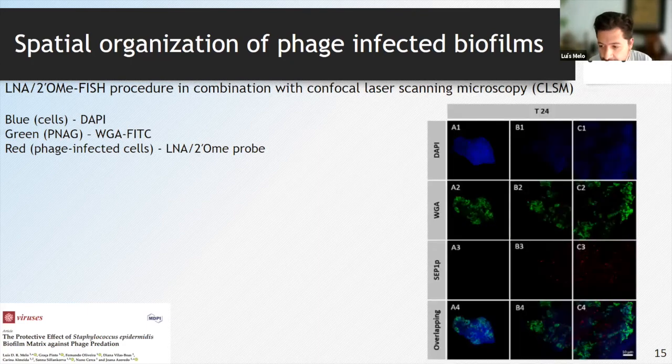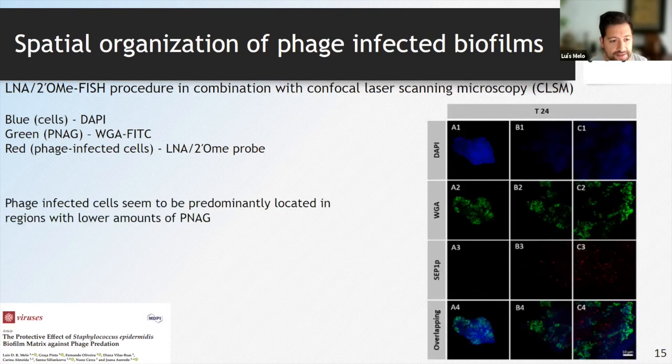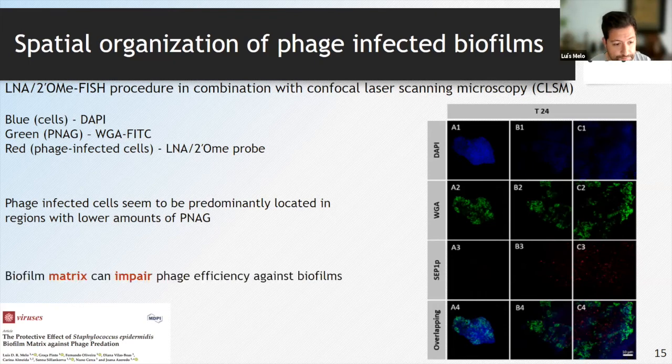And this is an example of what we observed. And what we observed in several images that we took is that phage-infected cells seem to locate predominantly in the regions with lower amounts of matrix. And that emphasizes why we see almost no reduction on biofilms, and on scraped biofilms, we always see some reduction.